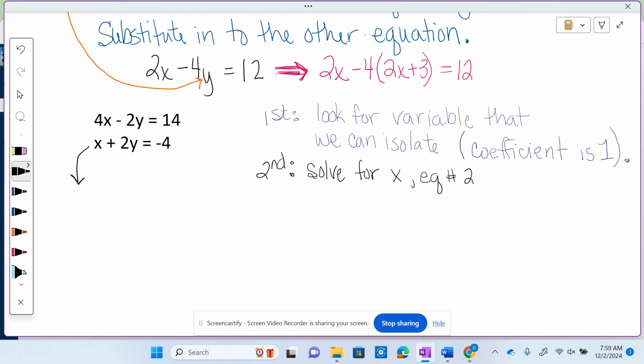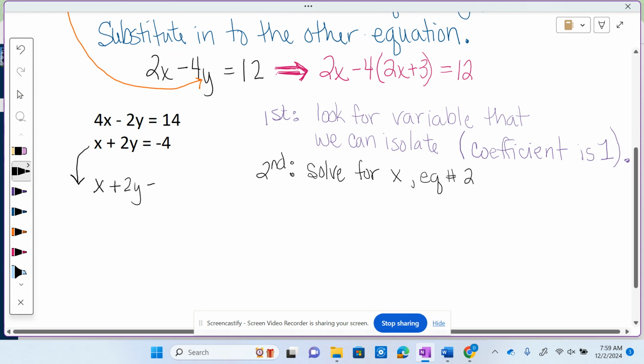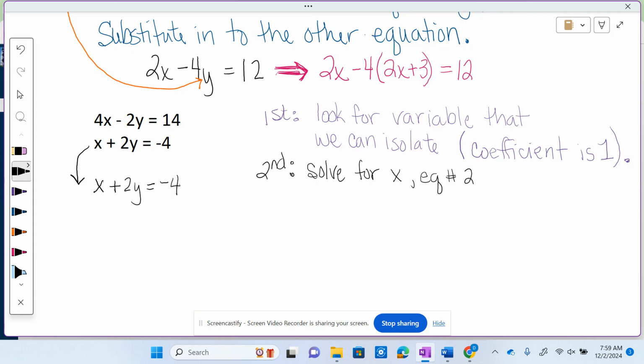What should I do? Any ideas? How can I get x all by itself? I want x to be the only thing on the left side of the equal sign. Subtract 2y. Yeah, we're going to subtract 2y from both sides.